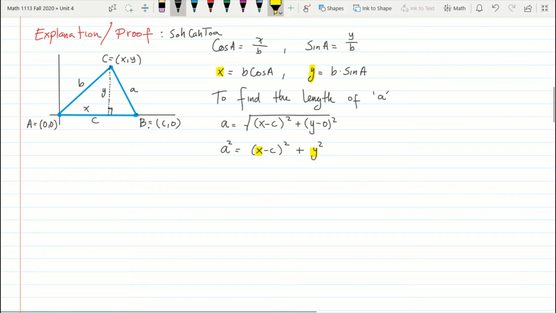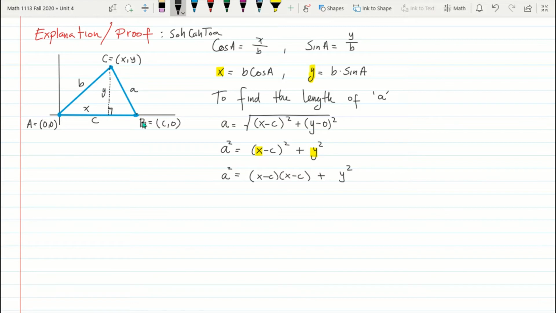Okay, and if you remember from above, here's x, here's y, and here's the definition for x and y. So we can plug in those values, and we have b cosine of A minus c, squared. Although probably it would be easier for me to FOIL this first, because it's going to get really complicated if I substitute the value of x beforehand.